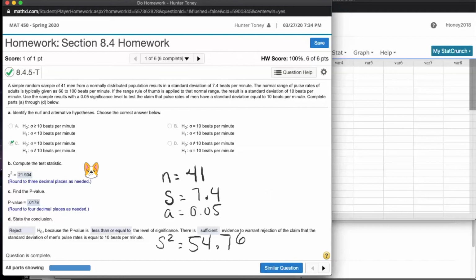So we can also look at our hypotheses. So if we're scaling our standard deviation, we should probably also scale our hypotheses. So just for the sake of thinking about it in terms of a variance as opposed to a standard deviation, so that we can use our calculator, we'll be looking at if it was 10 squared beats per minute.